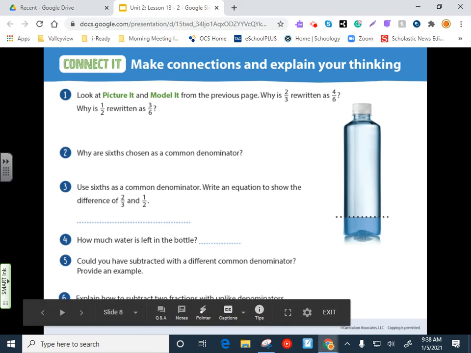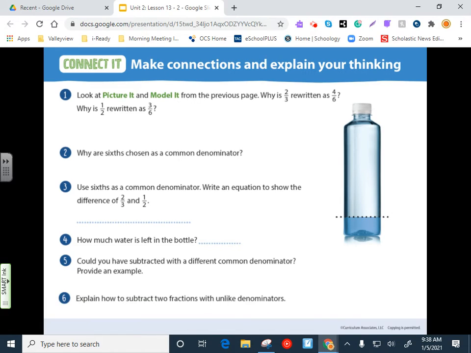All right, so our notes here on page 255. So we are looking at the picture and model from the previous page, and they want to know, why is 2/3 rewritten as 4/6? Why is 1/2 rewritten as 3/6? So here's your answer.